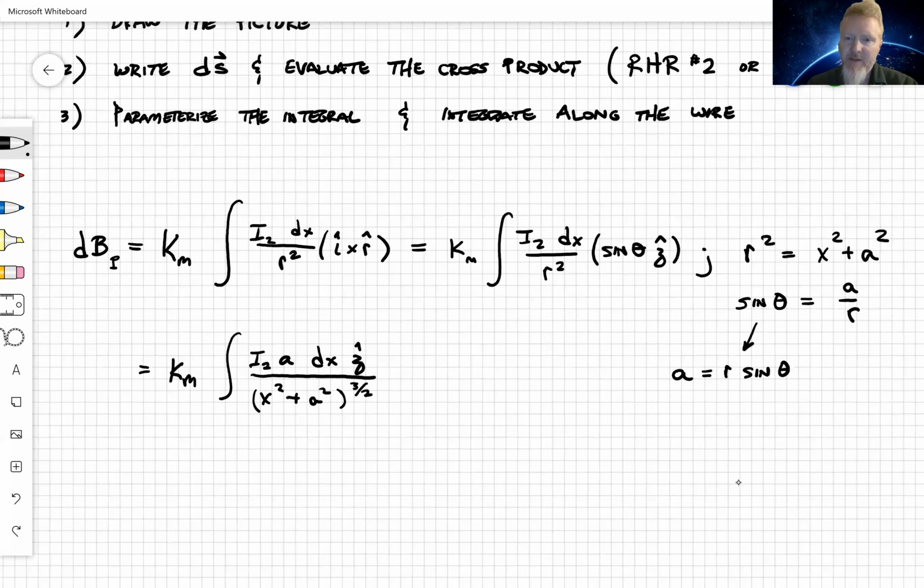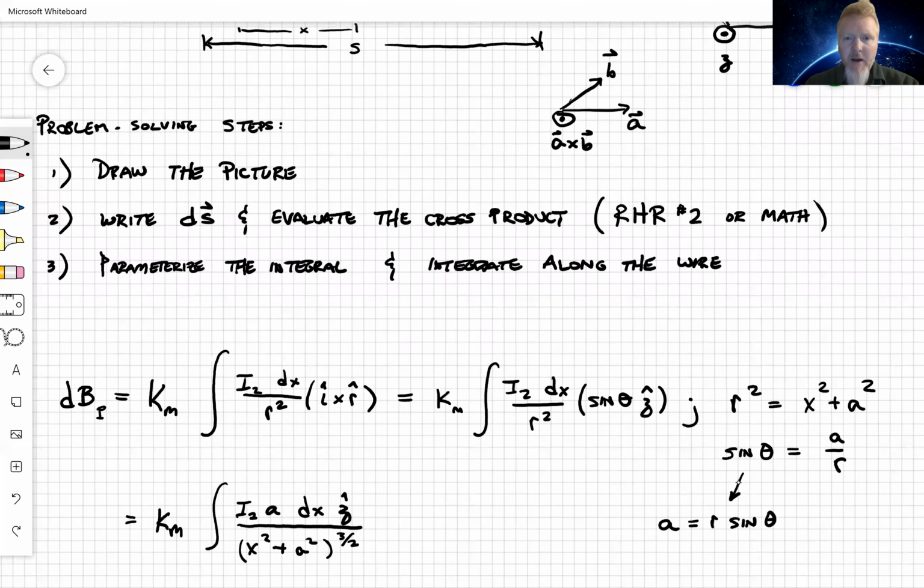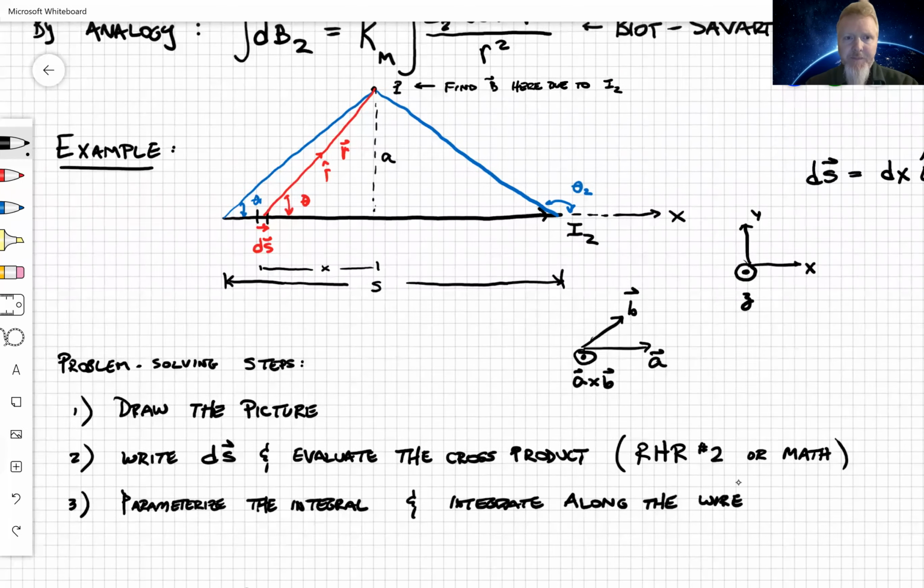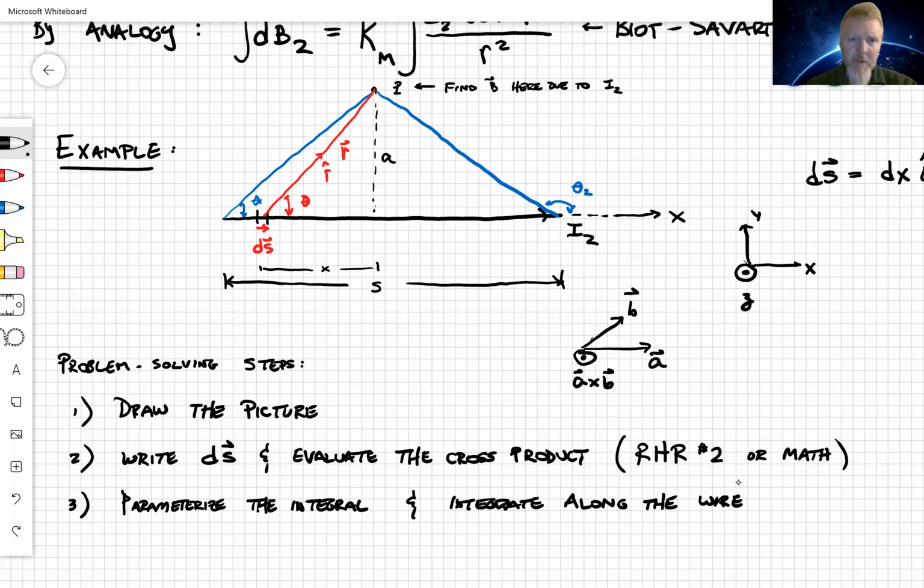Then if I look at the x side, this is a little bit funny, but normally I could write x as being r cos theta. Or I could write it as A tangent theta.